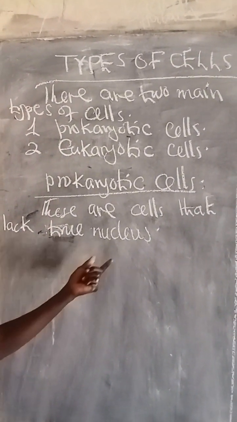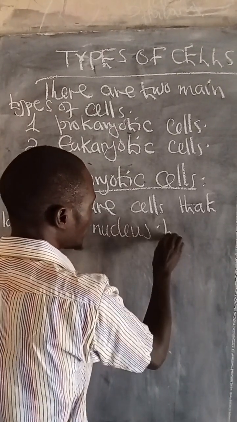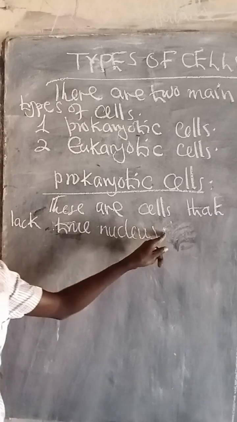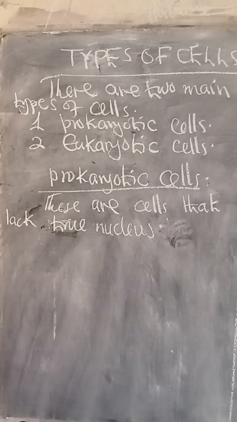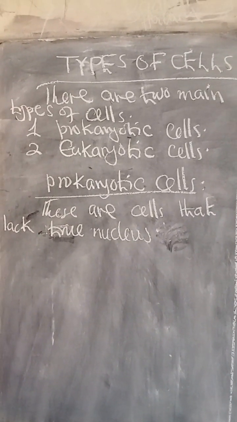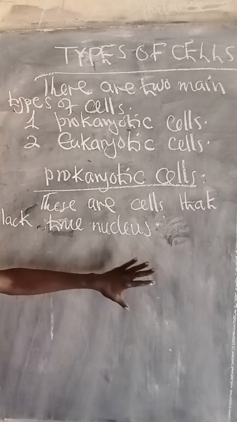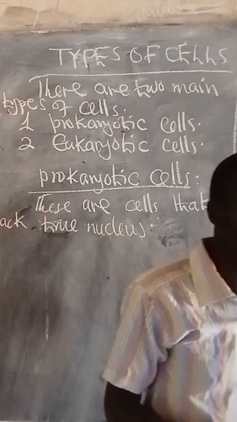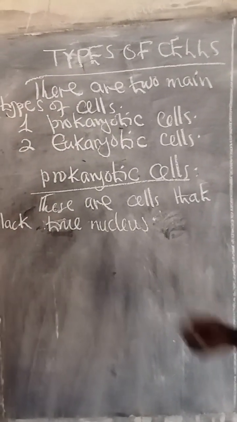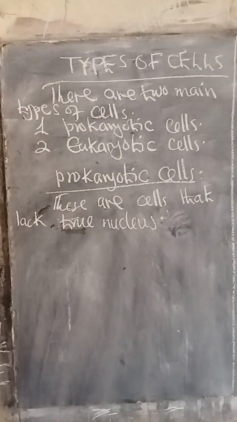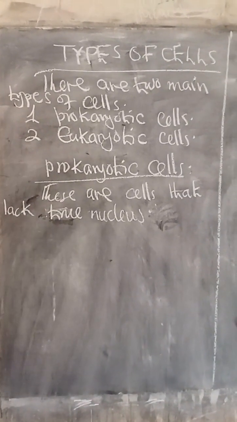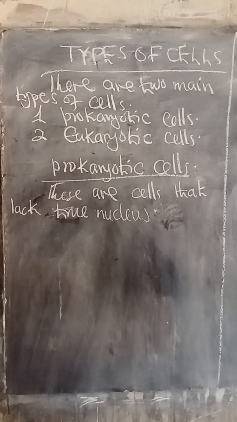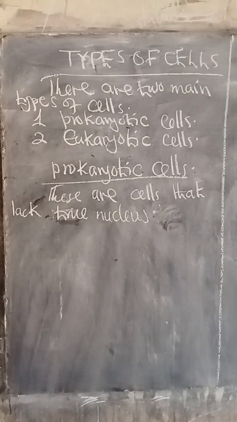The reason is that the nuclear material is not surrounded by the nuclear membrane. So it means the nuclear materials are scattered within the cytoplasm of the cell. The nuclear materials are not enclosed in a nuclear membrane. So these are cells that lack a true nucleus, or cells whose cytoplasm is filled with nuclear material that lacks a nuclear membrane.